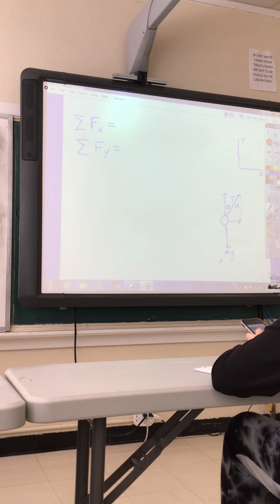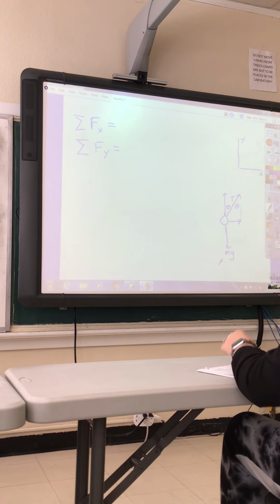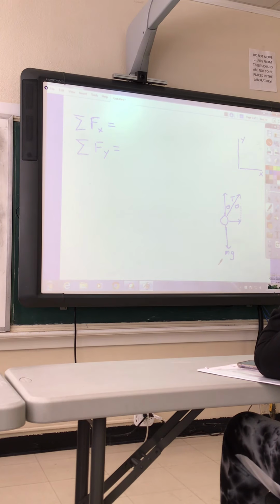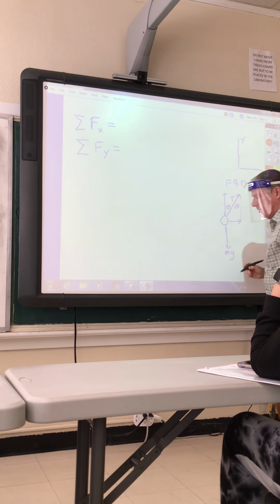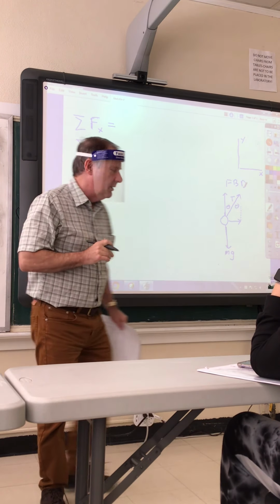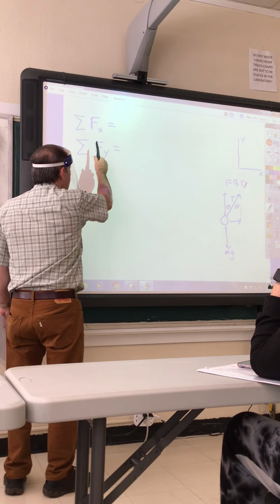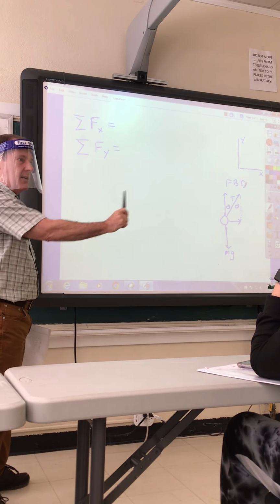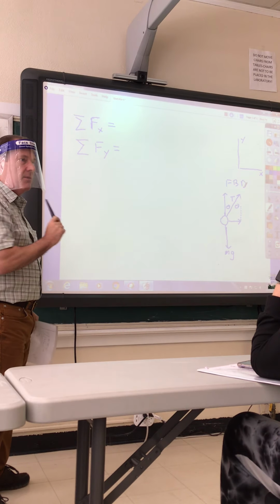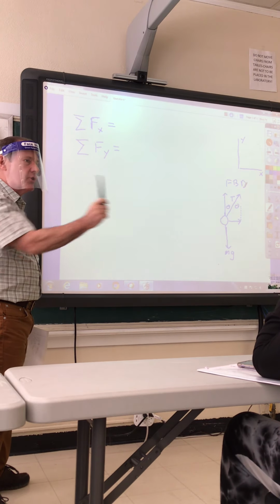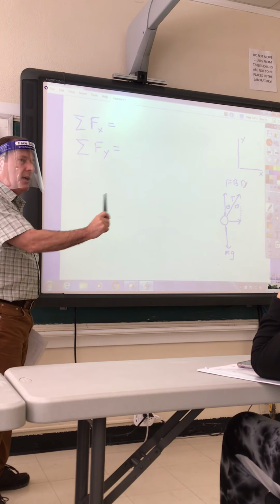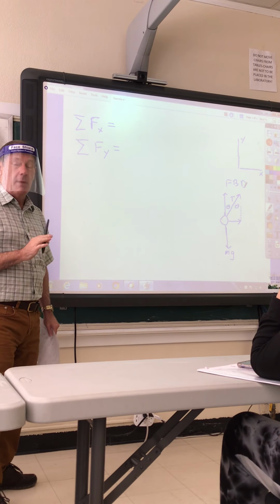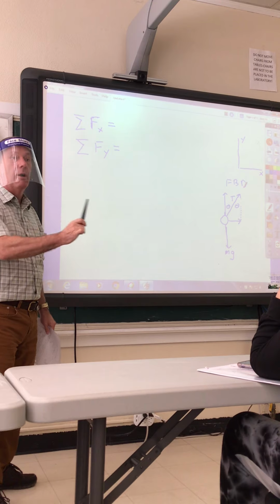Okay, all right, so here's our free body diagram. Let's look at these terms here. The x direction is the same plane that your circular motion is in, and circular motion is basically a second law problem.